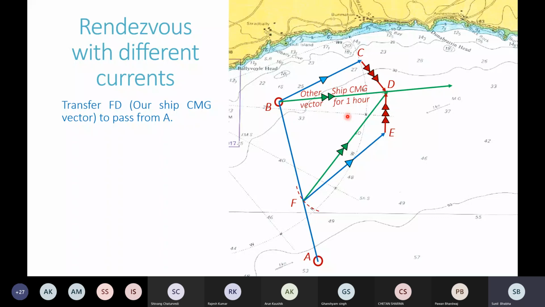Once we have this course made good vector for own ship, we now transfer this course made good to point A. So we place our parallel ruler, align it with the FD vector, transfer it to point A and draw a line. Now this line passing from point A will meet up with the course made good line of the target ship at some particular point.